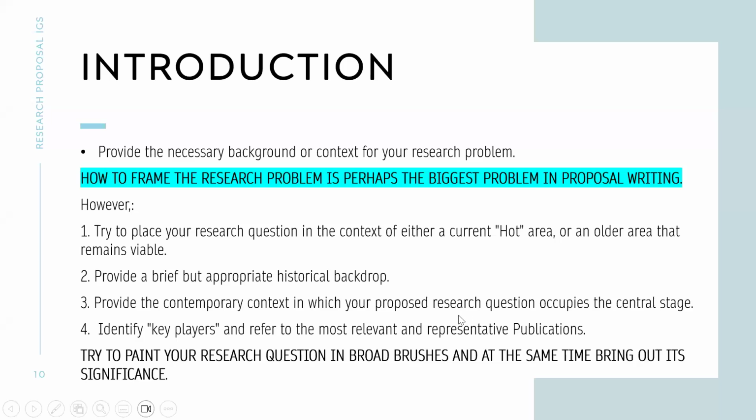So in the background study, you will start your writing with a general statement, and then zoom in or narrow your topic into what you are going to solve. Then you will have one subsection which highlights the research problem.